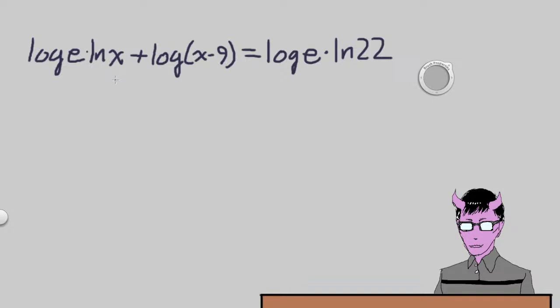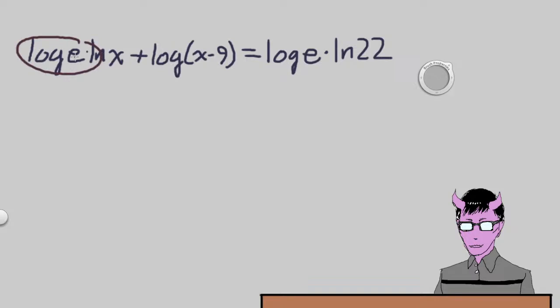And honestly, I don't think it matters which way you go. But you know what? Let's do it either way. Let's see if it truly is the same thing, right? Let's see. So I'm going to arbitrarily opt to make all the logs into just natural log.